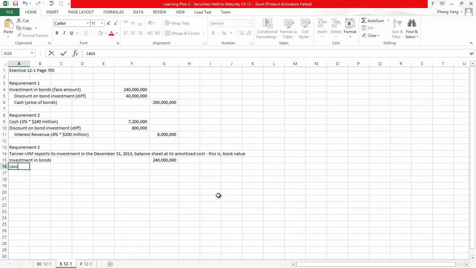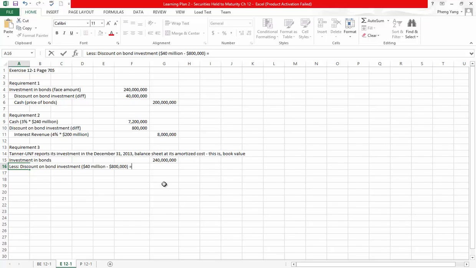Where you're going to subtract the discount on bond investment, which is going to be our 40 million, minus the 800,000 from up here, okay?